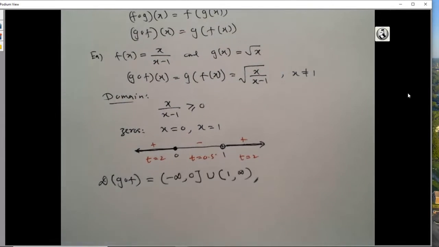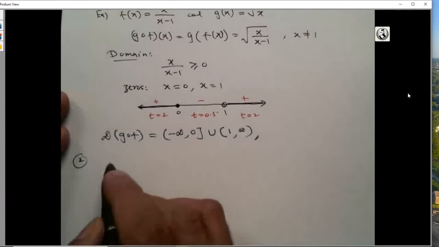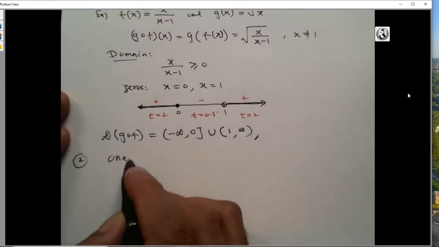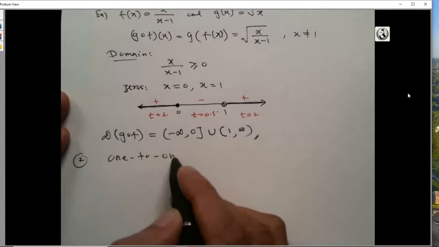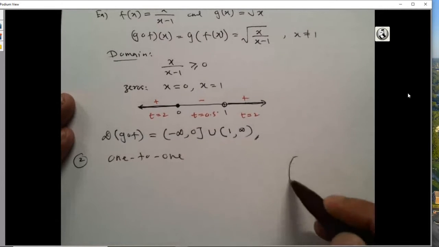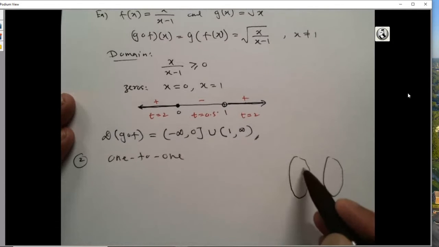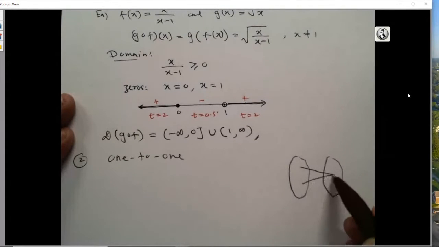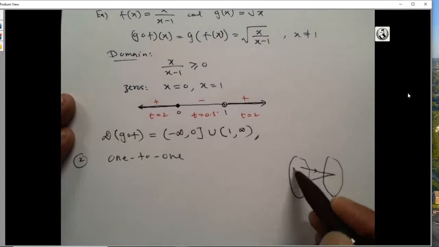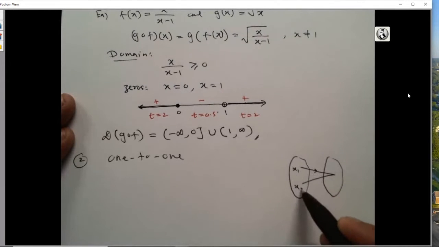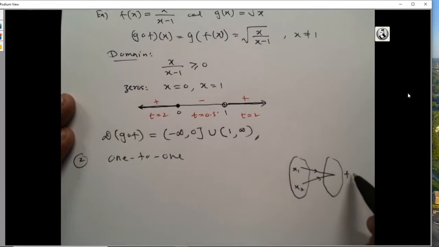Question number 2 is about one-to-one functions. So what's a one-to-one function? When you have a domain and a range like this, we try to avoid this situation where you start with different x values, but unfortunately you end up with the same y value.